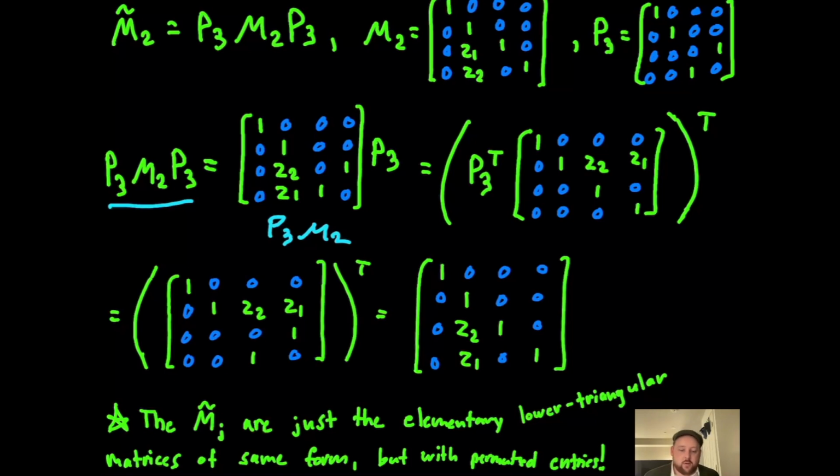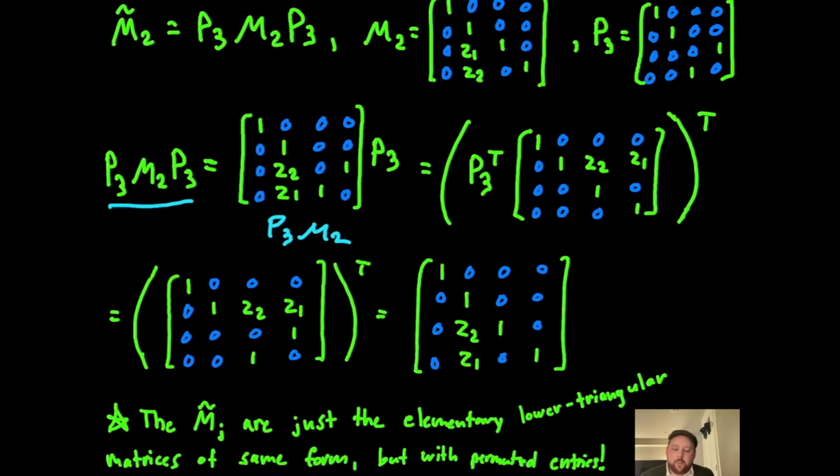Okay, so what happens? I have this P3 M2 P3. I'm going to compute what P3 times M2 gives you. It swaps the fourth and the third row, which is shown here.